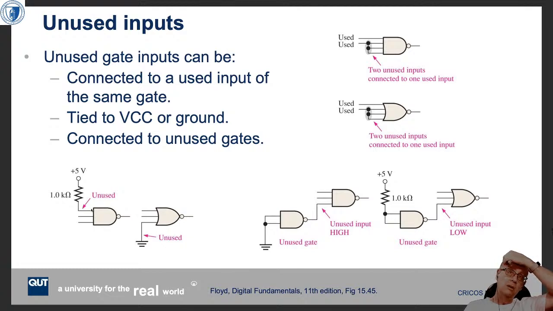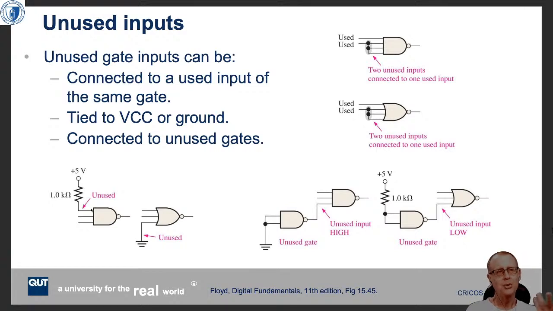So another thing you've got to think about in your designs is how do you deal with unused inputs, right? You still want your circuit to work, and you may have set those circuits to be unused.